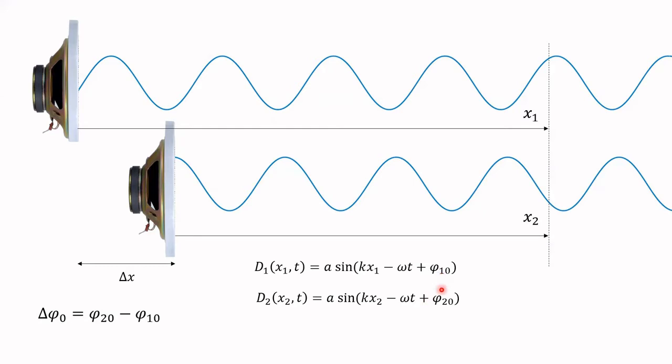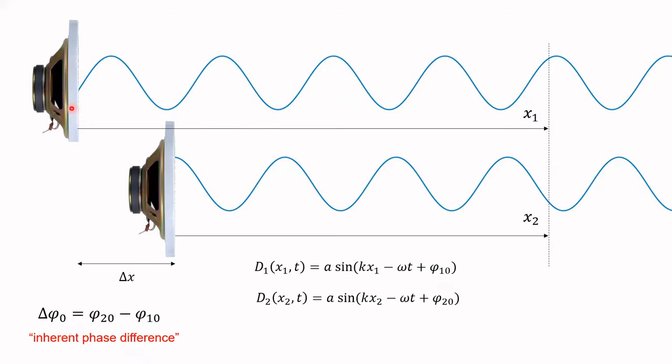Remember, each of these is the phase constant or phase shift for the respective speaker. We're looking at the difference between those respective phase constants. It's also called the inherent phase difference. That's a really important term for this chapter and the next couple chapters.